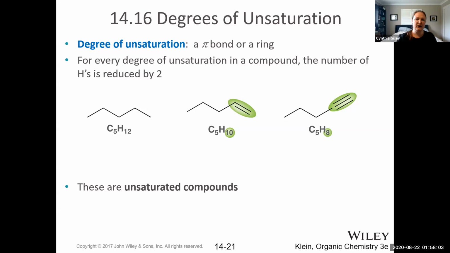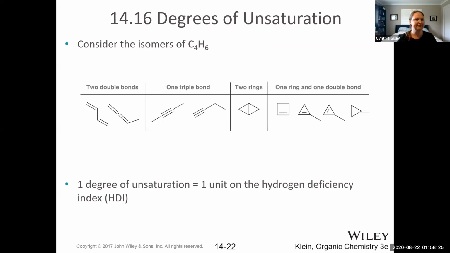Interestingly, if the compound is a cyclic compound, it is also not going to have the maximum number of hydrogens per carbon, and it will be similar to having a pi bond. And we're going to see that. That's because you lose 2 hydrogens by bonding the terminal carbons together in a ring. So let's consider some isomers of C4H6.